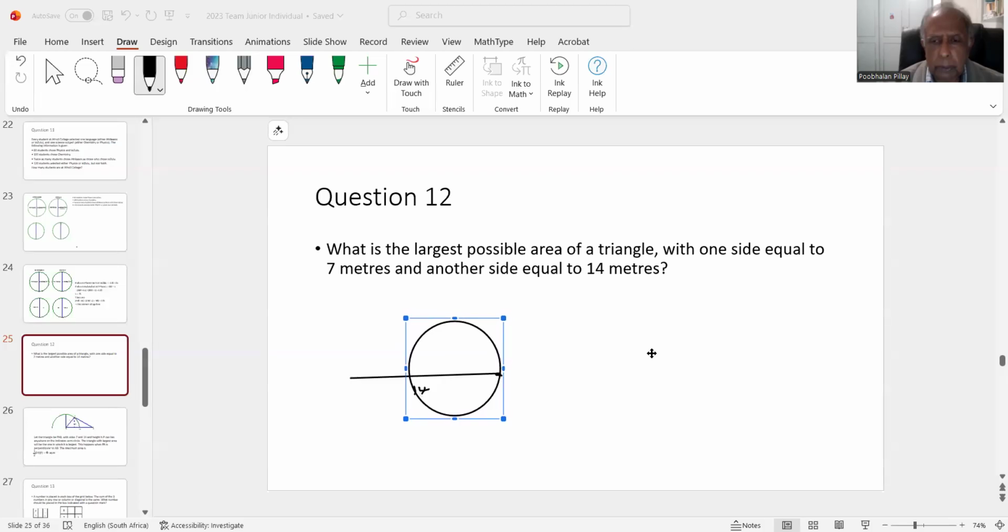Somehow I never was able to do this. Okay, so it's like that. And so your point, oh no, wait a minute. This has to be the center.